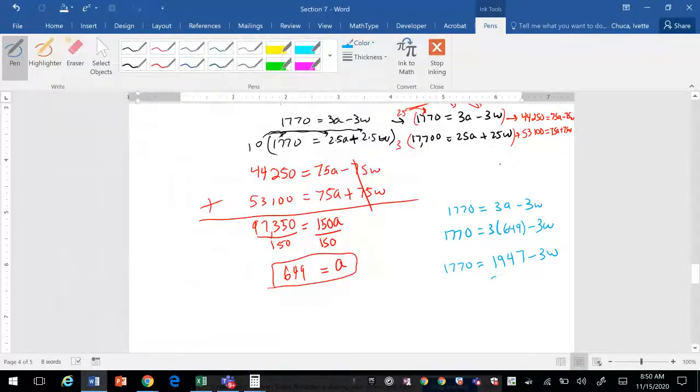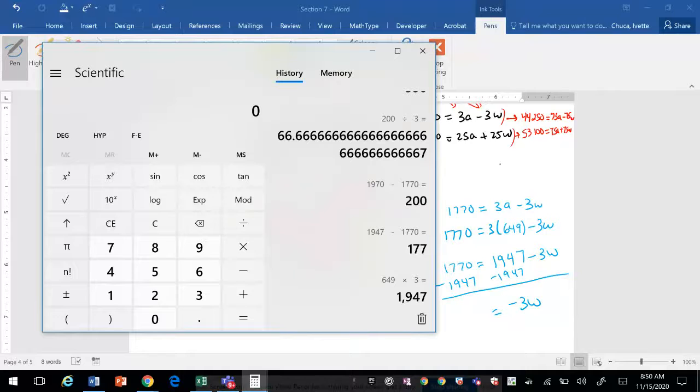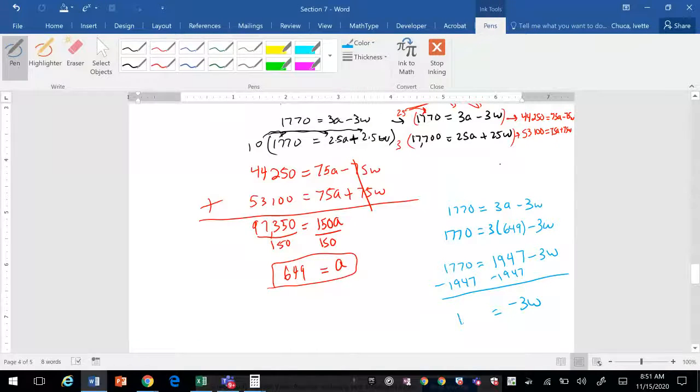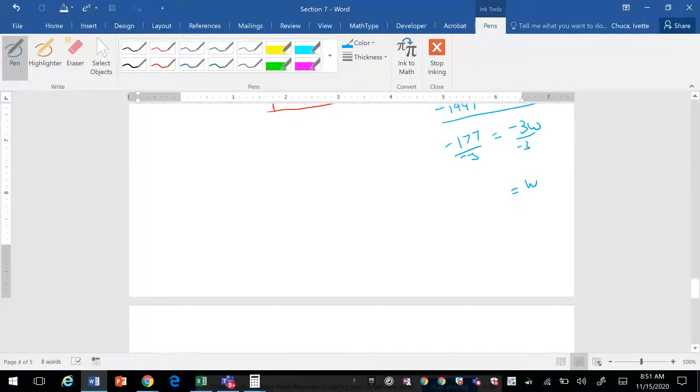So we can subtract 1947 on both sides. So we get 1947 minus 1770, and 177 divided by negative 3. 15 divided by 3 is 5, and then we get a 27, so 9.